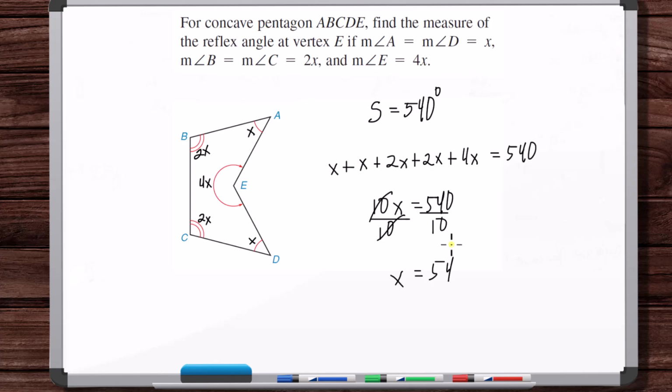But what they're looking for is the measure of the reflex angle. So 54 times 4, 5 times 4 is 20, 21. So measure of angle E is equal to 216 degrees.